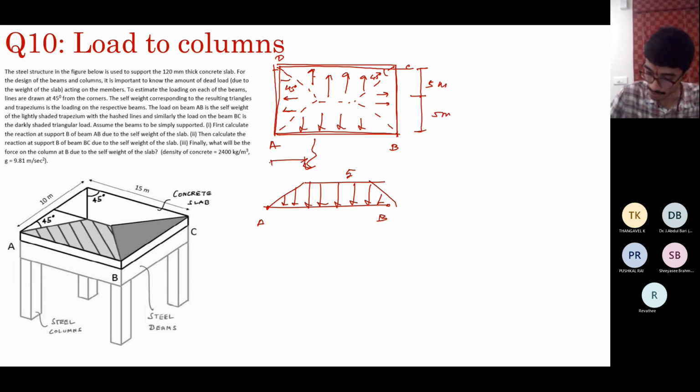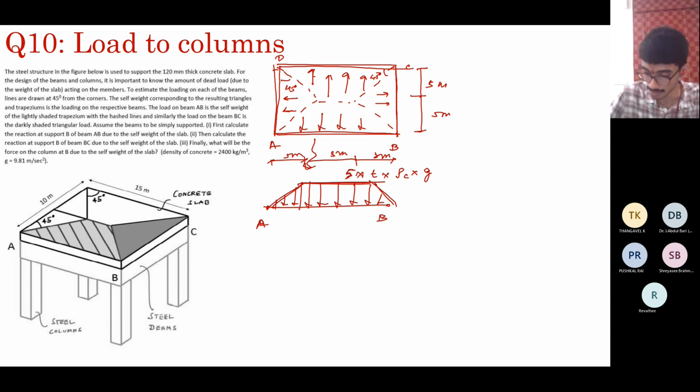So 5 into thickness into rho C into g. So that is the load that comes onto this. 5 is the width, and this is linearly varying. So given this, you know what is the support reaction.